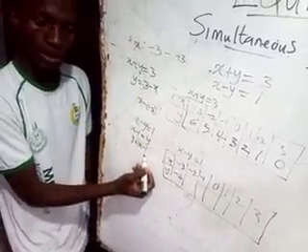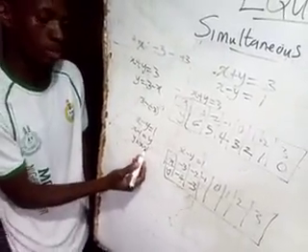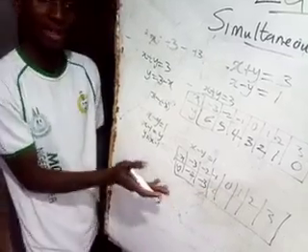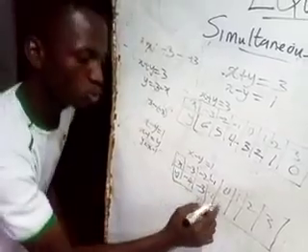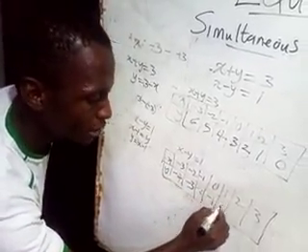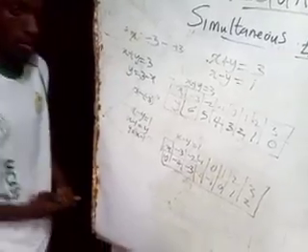Minus 2 minus 1, you have minus 3. Minus 1, you have minus 2. You can see that they are increasing by 1. So this one will be minus 1, 0, 1, 2. Is it clear? Do you understand?